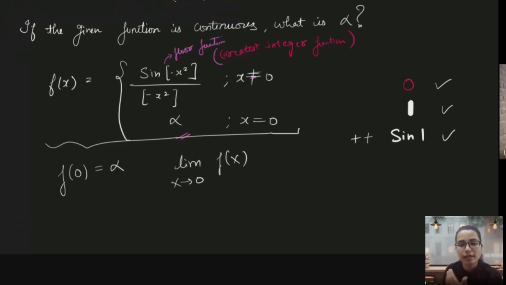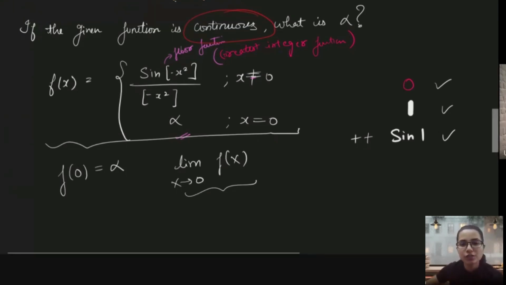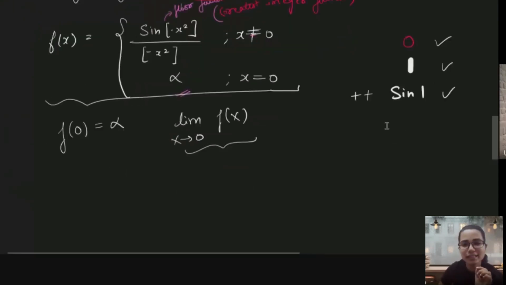And if you were able to find it, you could equate the limiting and the functional value because the given function is already continuous. For a continuous function, limiting value and functional value are both equal. So this is not a continuity question, this is a limit question. But since we have done the limit portion, I hope you can solve this question.